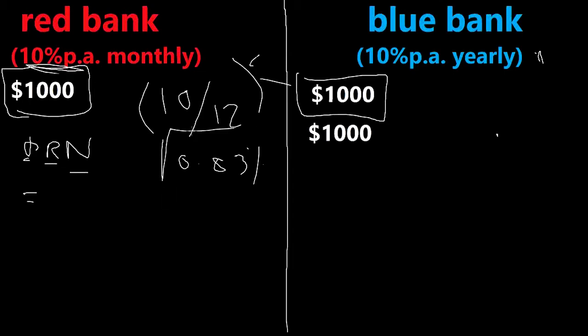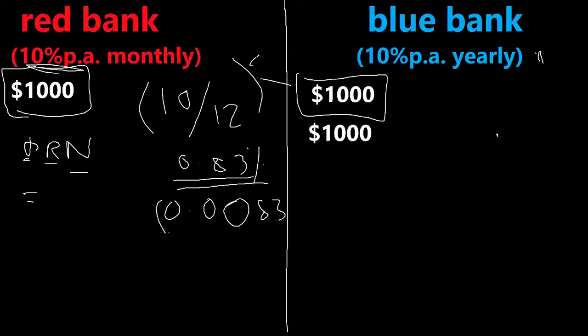They're paying this 0.83 every month. Remembering that 0.83% in decimal form is the same as 0.0083, because this percent here is the same thing as divide by 100, or out of 100.